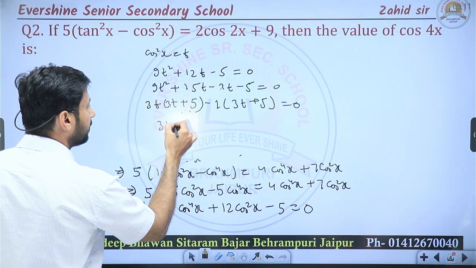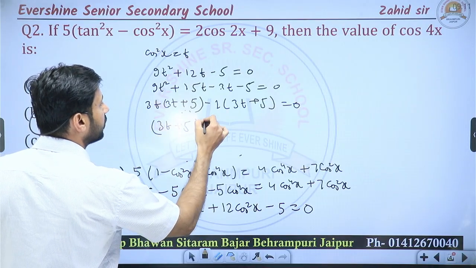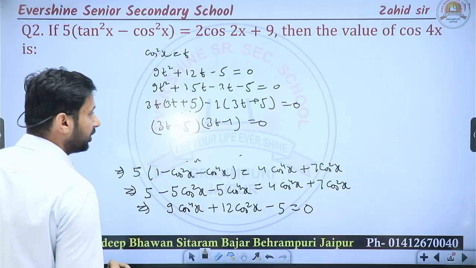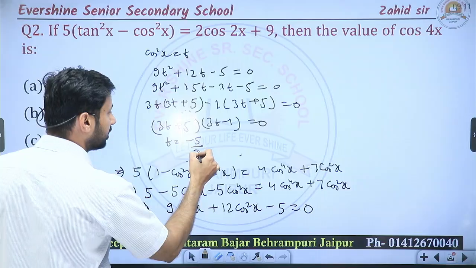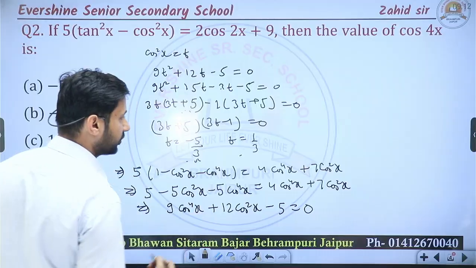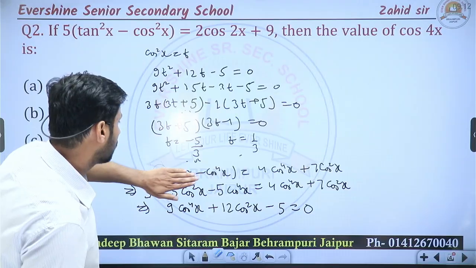So 3t plus 5, and the other factor is 3t minus 1 equal to 0, which gives t equal to minus 5 by 3, and the other value t equal to 1 by 3. What is t here? T is cos square x, okay?